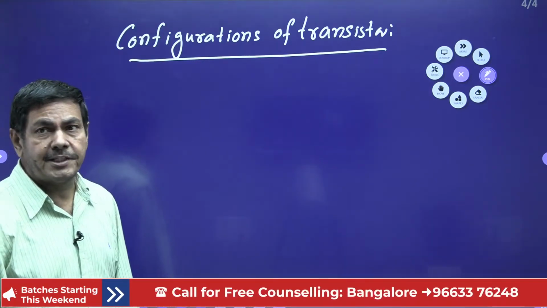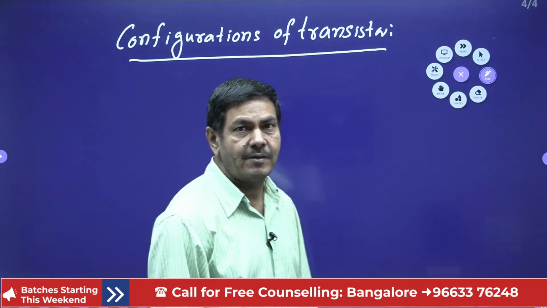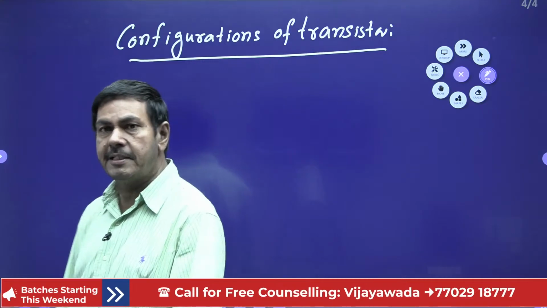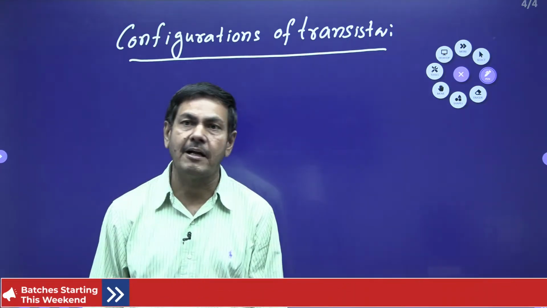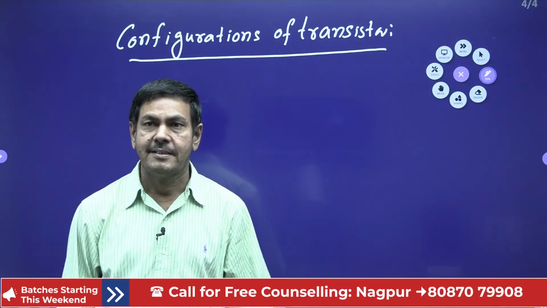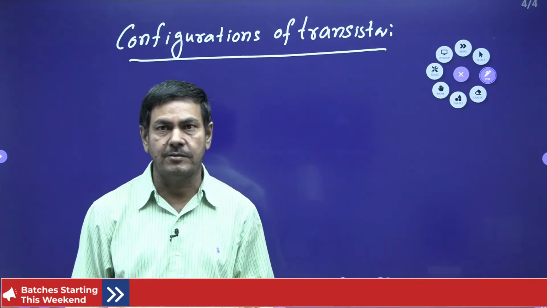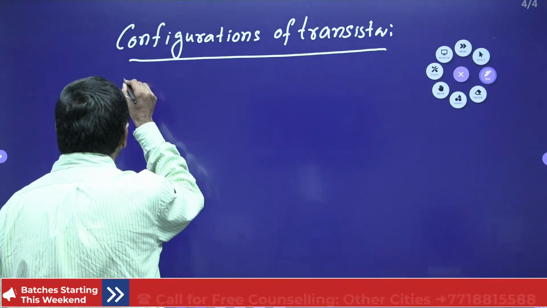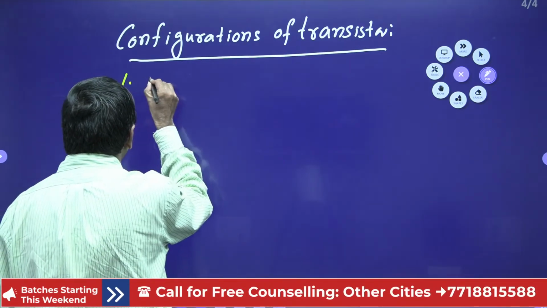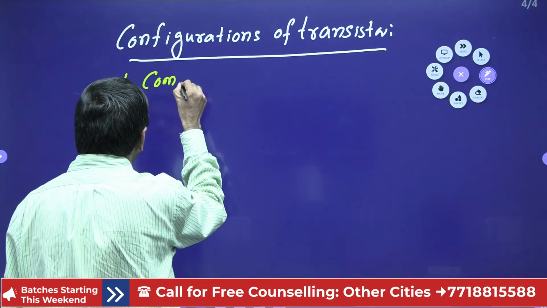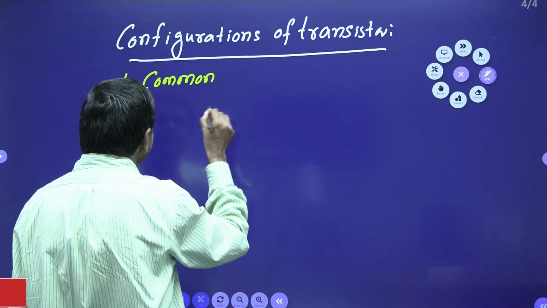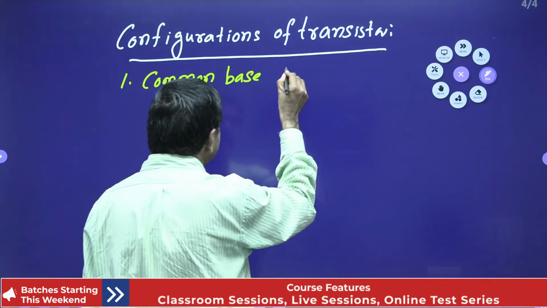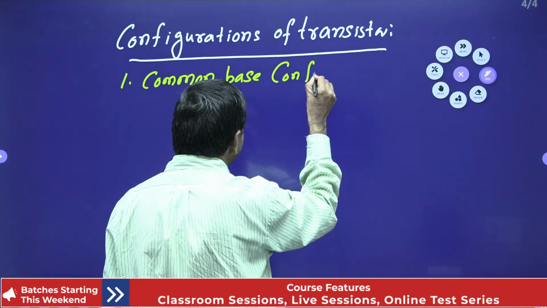There are three configurations of transistors. One is the common base configuration, the second is the common emitter configuration, and the third is the common collector configuration. These are the three configurations. I just want to give those three configurations. One is said to be the common base configuration.